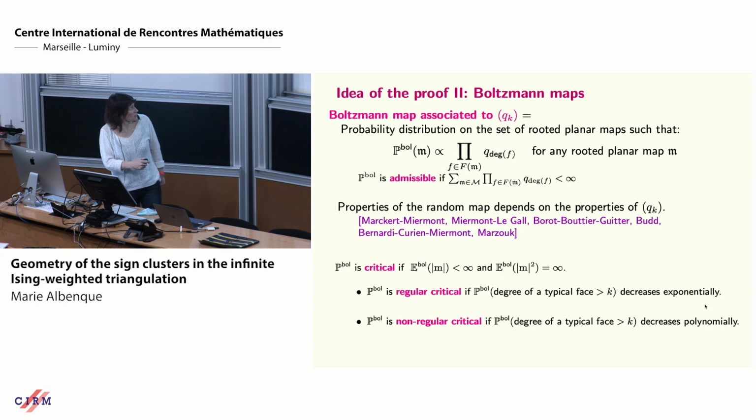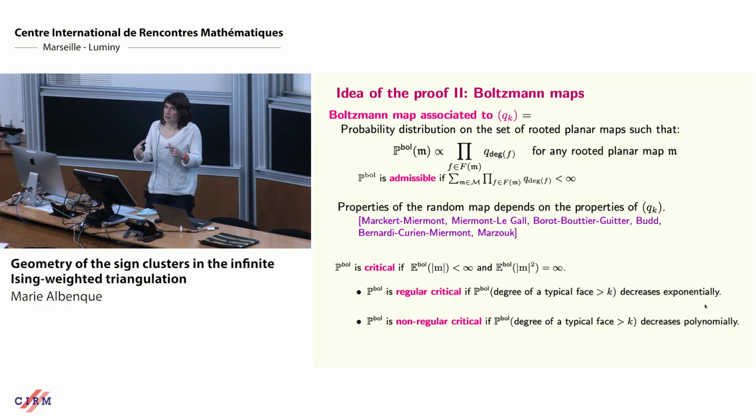And you have two possible cases, depending on whether the probability of the degree of a typical face to be big decreases exponentially or polynomially. In a very rough way of describing things, it tells you whether you're going to see somehow the faces in the limit or not.